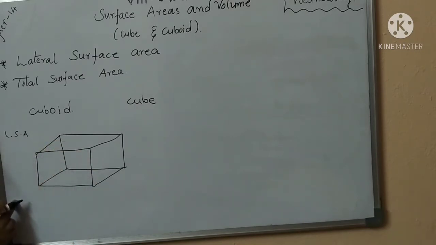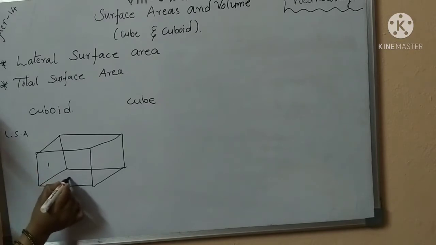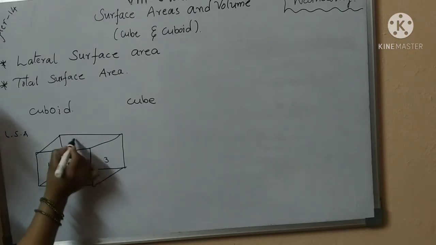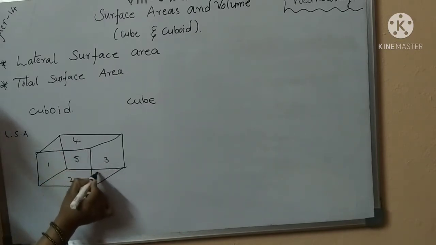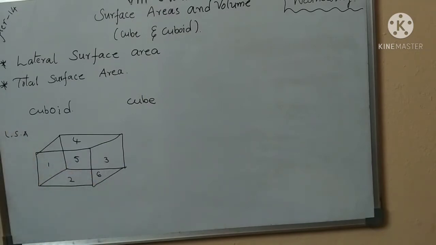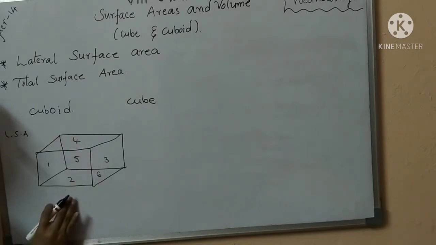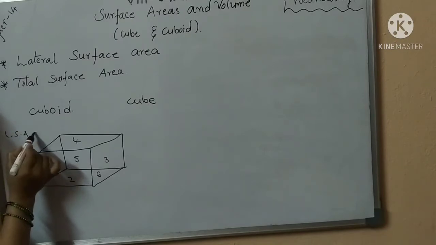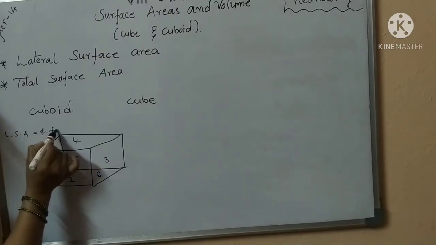How many faces does a cuboid have? 1, 2, 3, 4, 5, 6. Six faces in total. Except top and bottom, lateral surface area means 4 faces.